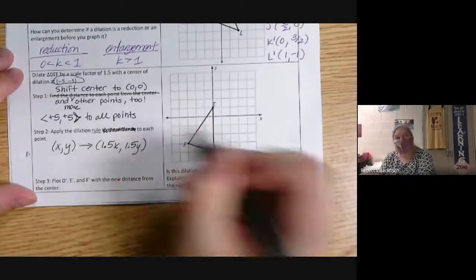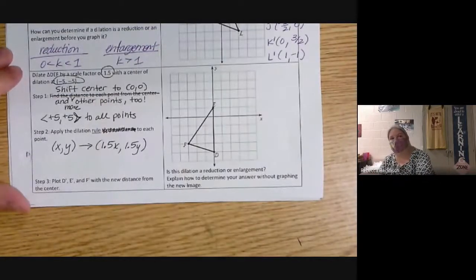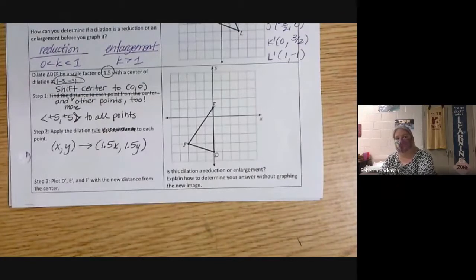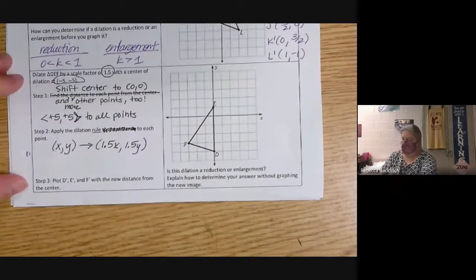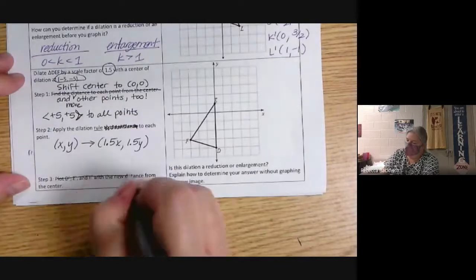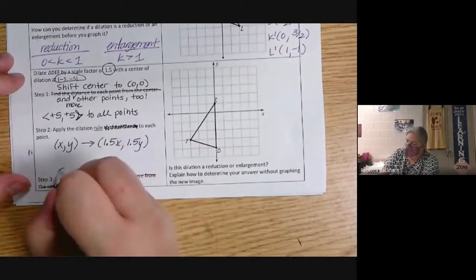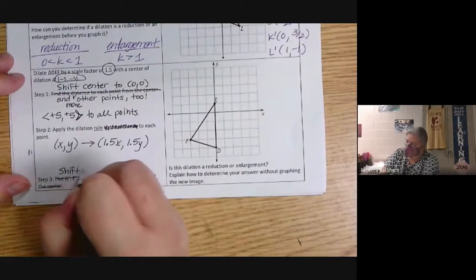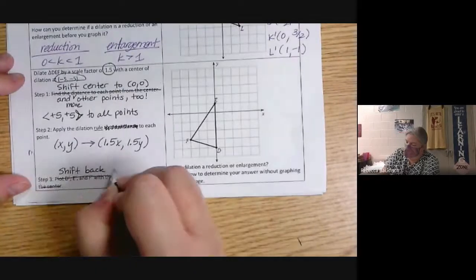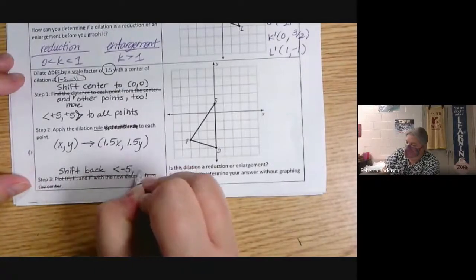This is because I was told the scale factor is 1.5. And then I'm going to shift back. In this case, that would be -5, -5.